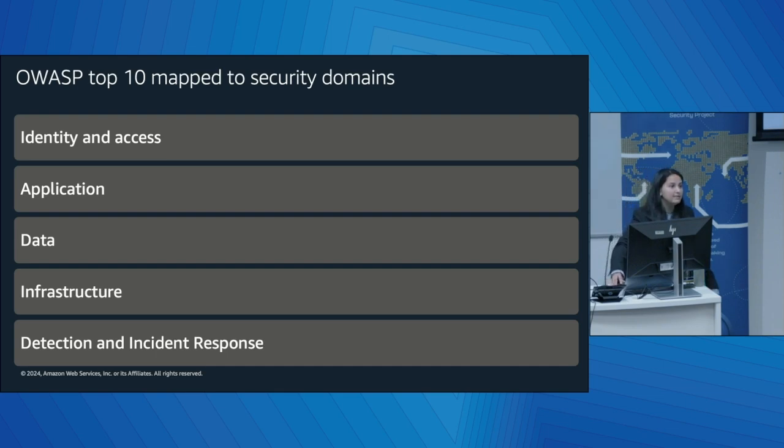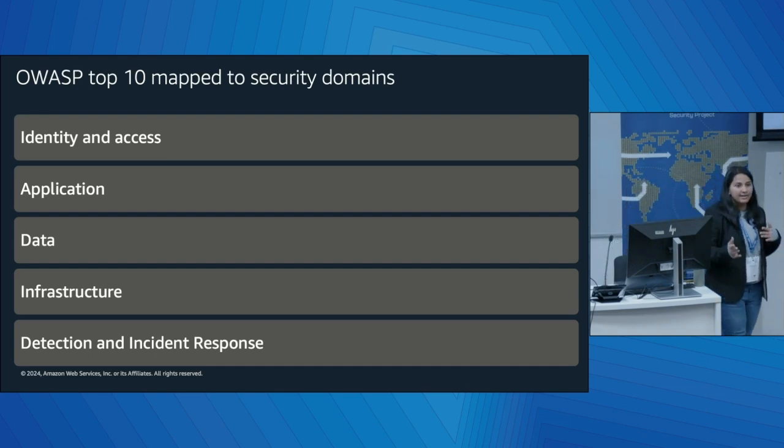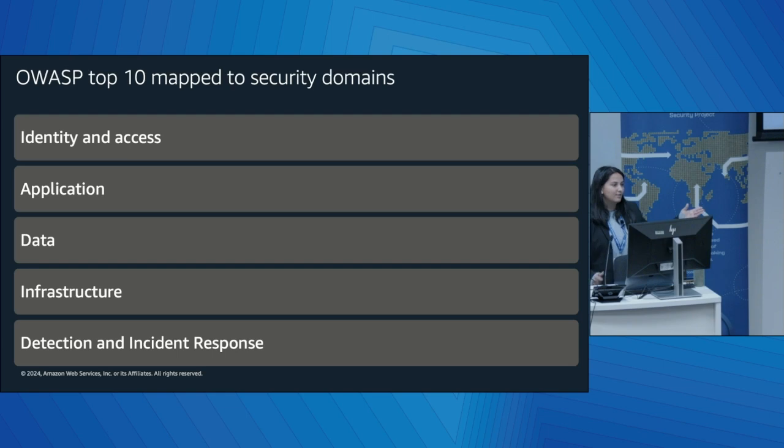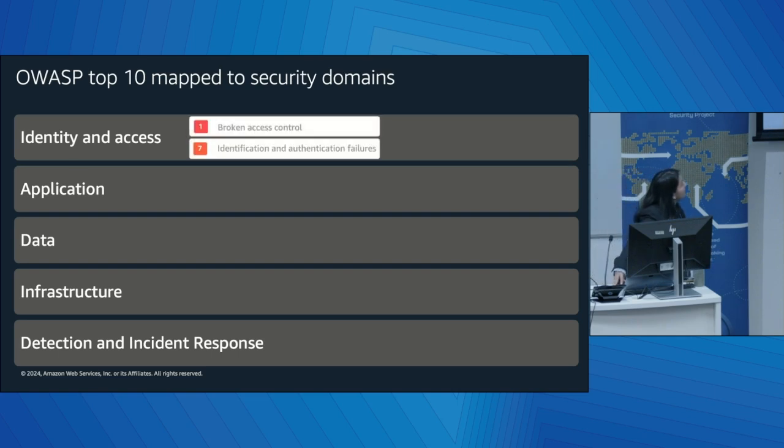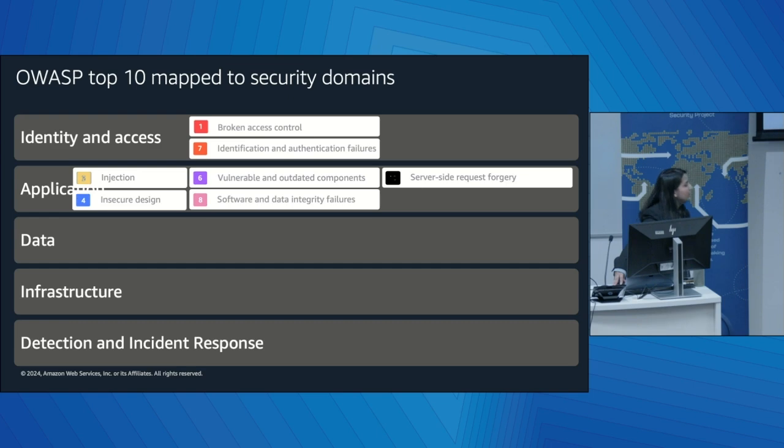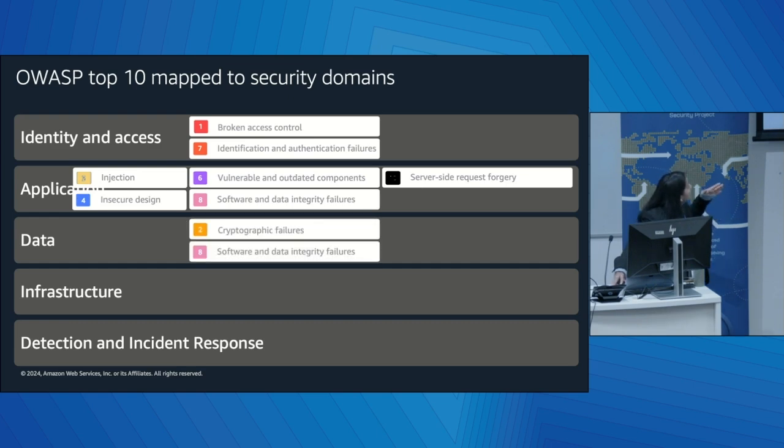These are the domains into which teams are usually divided. This is an application team, this is a data team, this is the team who looks after authorizations and authentications, and then you have your SREs for detection, making sure that monitoring and observability are all there. When you look at each domain, the OWASP top 10 are put into various ways.